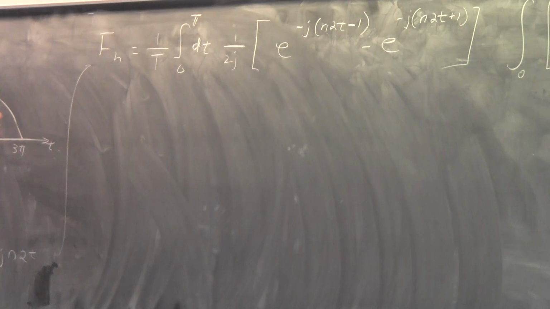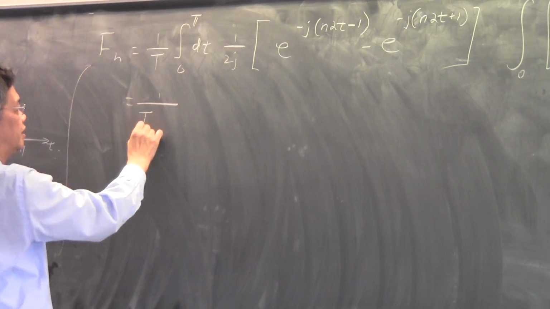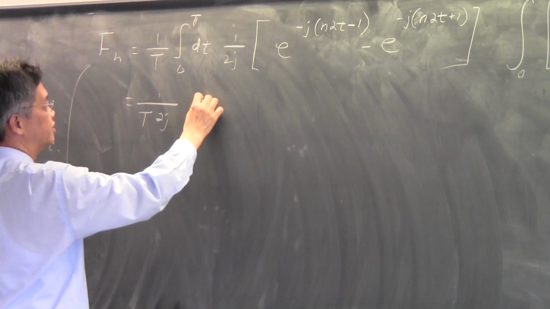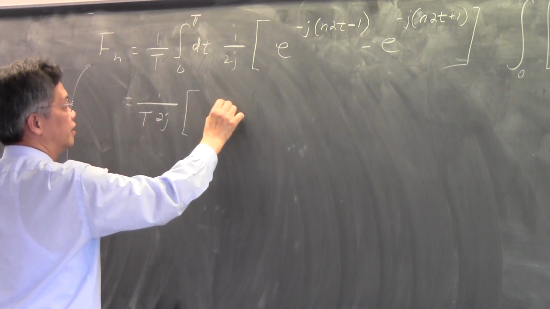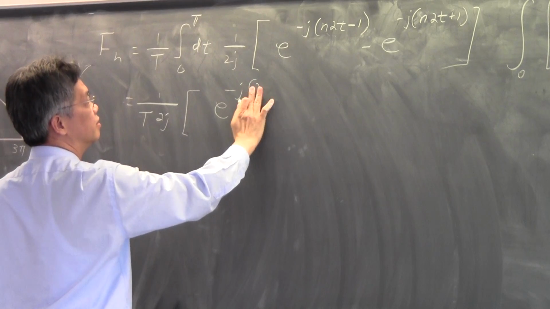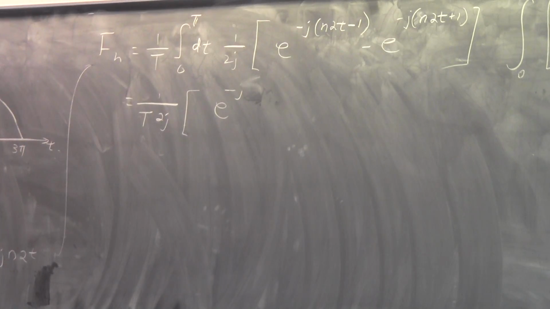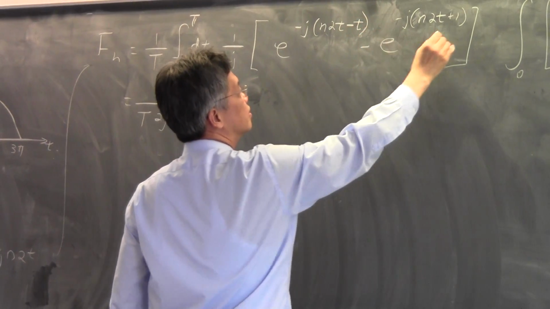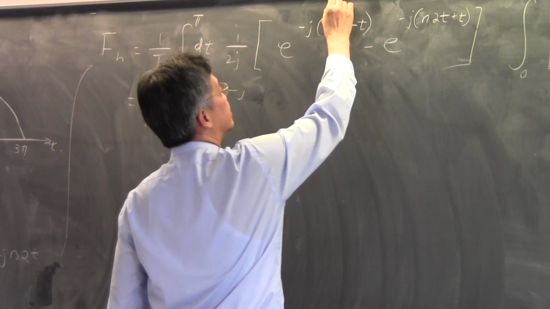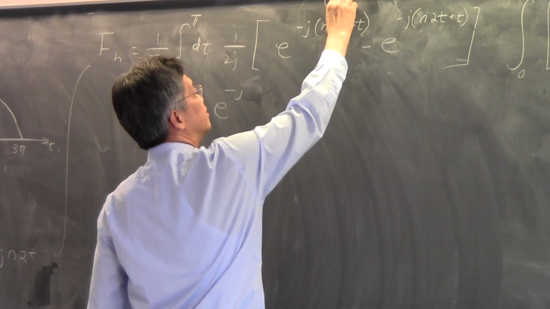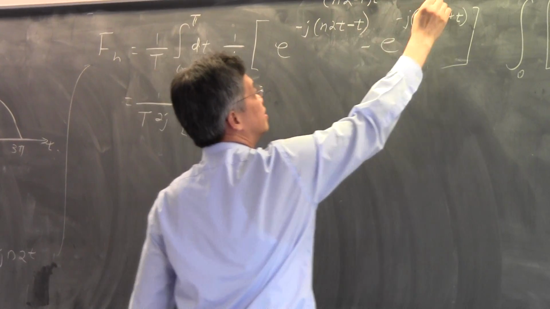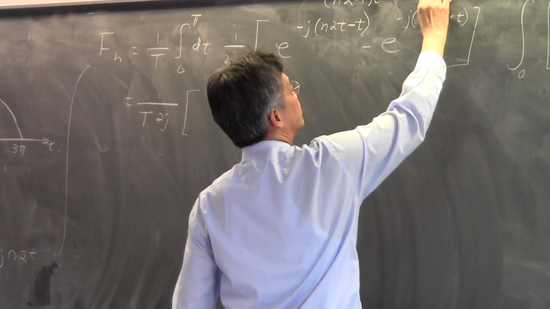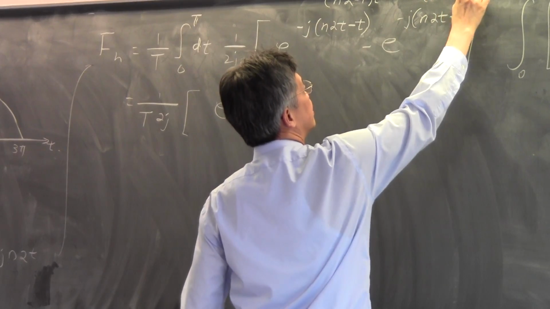Okay, I integrate term by term now, and I know how to do that. So it's 1 over T times 2j. There's a t here, sorry, there's a t here. And better write this as (2n minus 1)t and (2n plus 1)t. Okay?